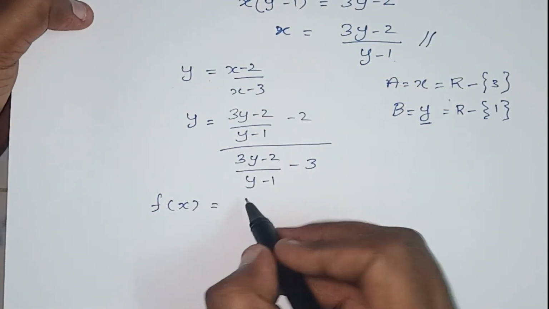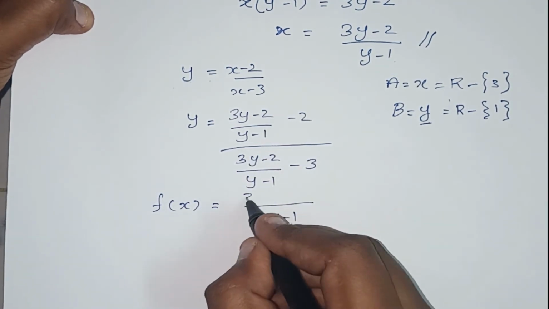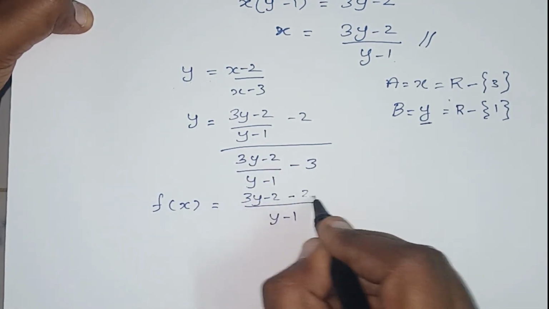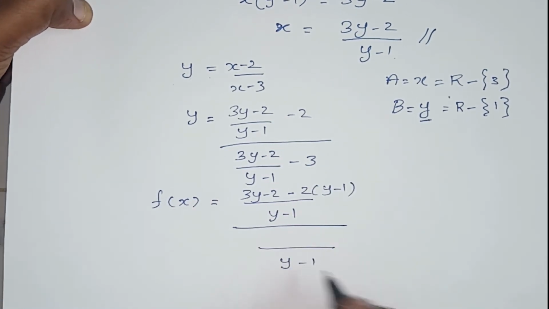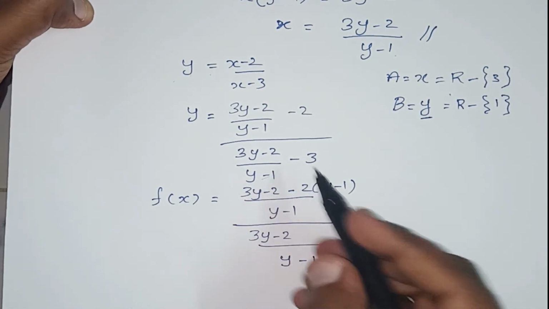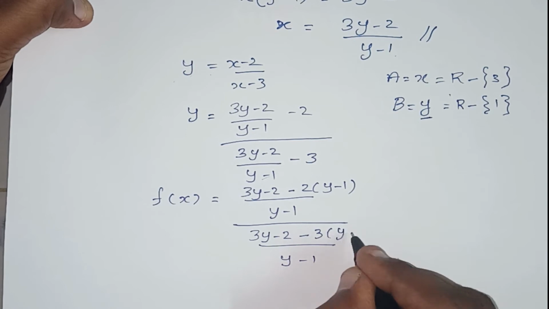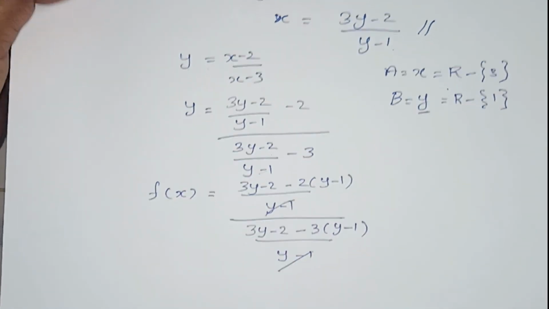Taking LCM (y minus 1), we get 3y minus 2 minus 2 into (y minus 1). Here also I am taking (y minus 1) as LCM, so 3y minus 2 by cross multiplying, minus 3 into (y minus 1). We can cancel this y minus 1 and this y minus 1.